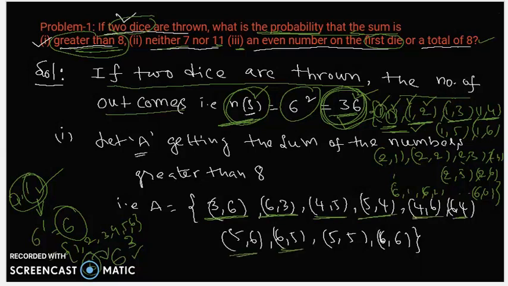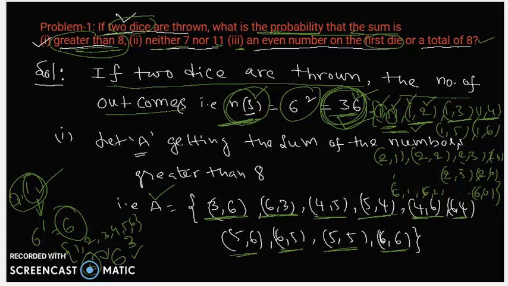Look at all the ordered pairs, meaning all elements in the set capital A. (3,6): 3 plus 6 is greater than 8. (6,3): 6 plus 3 means 9, it is always greater than 8. (4,5): 4 plus 5, 9, always greater than 8, like this.